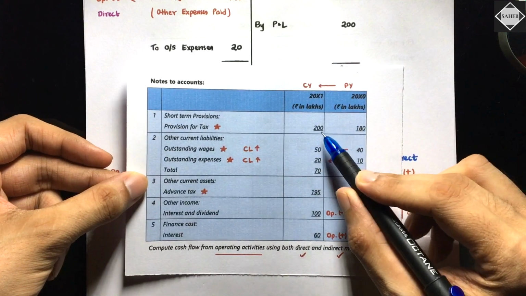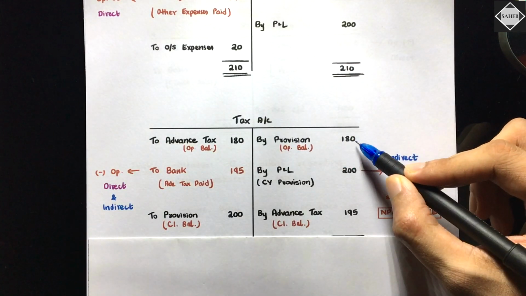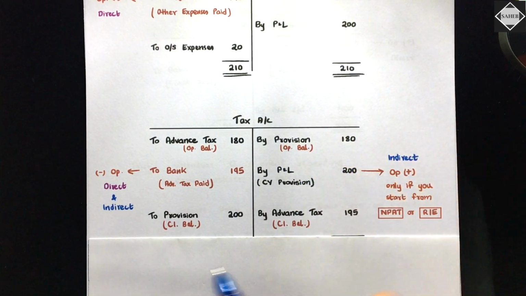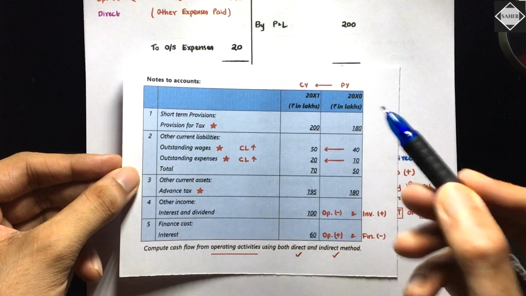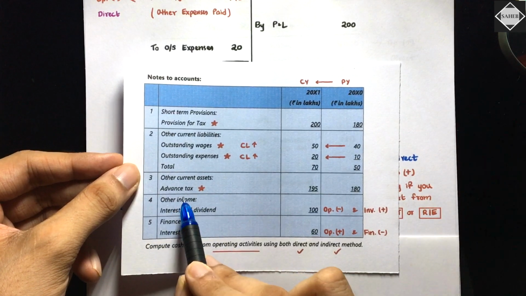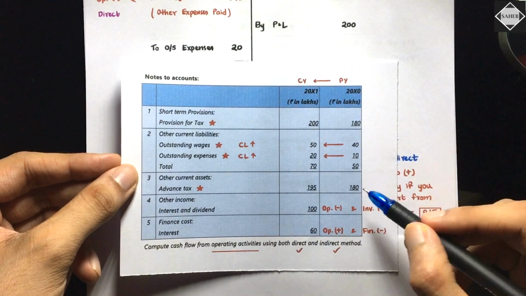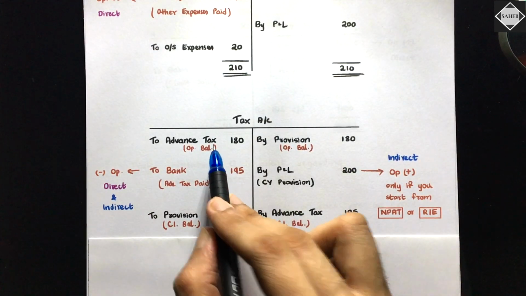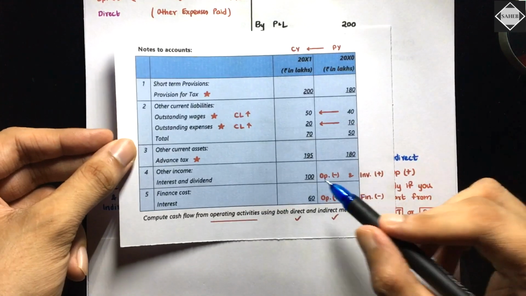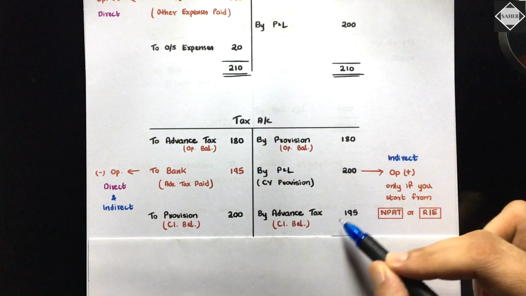Opening balance 180, closing balance 200. 180 opening balance, by provision, to provision 200. Is it clear? Simple. Then see, advance tax. I told you it's an asset. See, other current asset. It has debit balance, right? So opening balance 180, closing balance 195. Opening balance 180 on the debit side, and then closing balance 195 on the credit side.